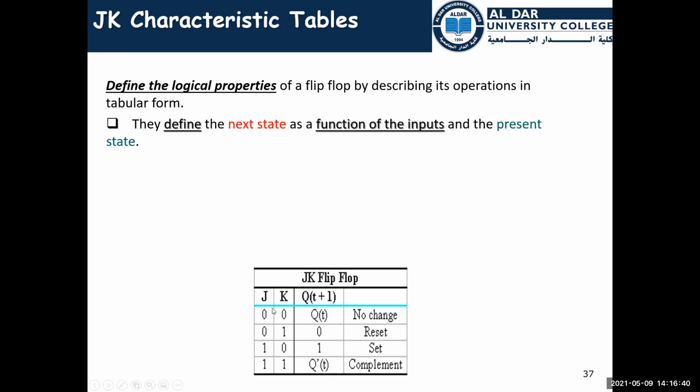We have the JK flip-flop as we have seen before. 0 0 will not change. 1 1 is going to complement. 0 in J is going to reset. Sorry, 1 in J is going to set, and 0 in J is going to reset.